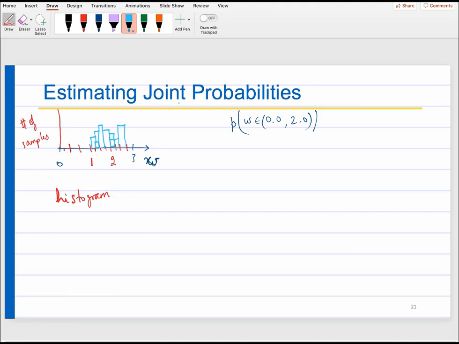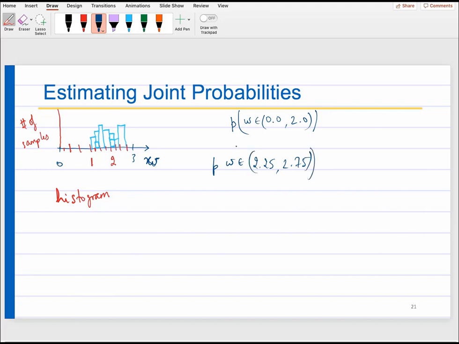Right? Then if somebody asks me the question, what is the probability that my W lies between 2.25 to 2.75?